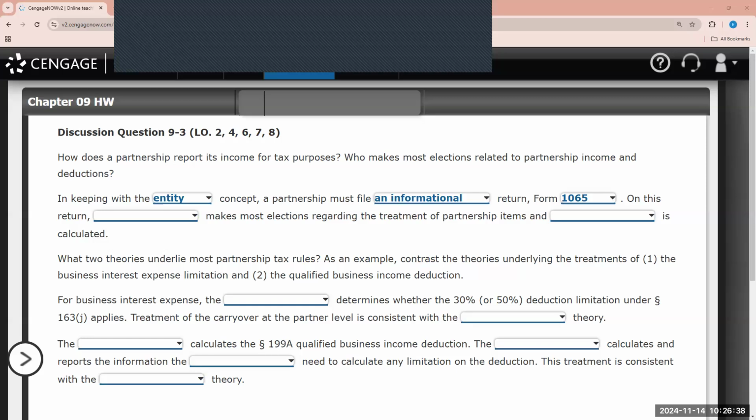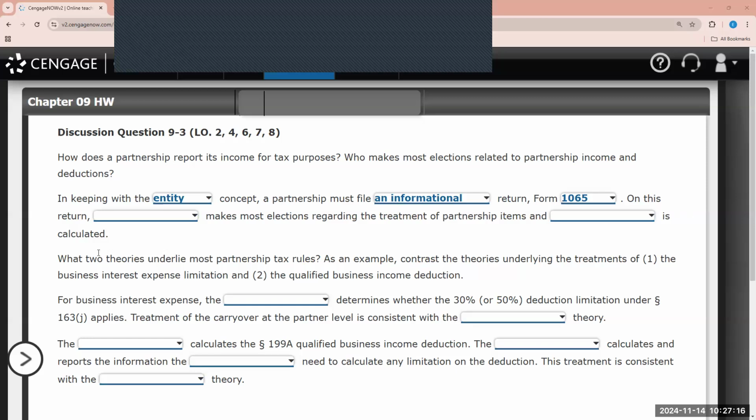Capital gains is either 0%, 15%, or 20%, ultimately depending on the partner's income, or the member's income if we're referring to an LLC. So the key thing is, again, it might affect them differently depending on their level of income. One partner might be subjected to 0% capital gains tax, another might be subjected to 15, another 20. It varies, right? It's not necessarily the same. So those separately stated items would be reported in the partnership return on Schedule K.